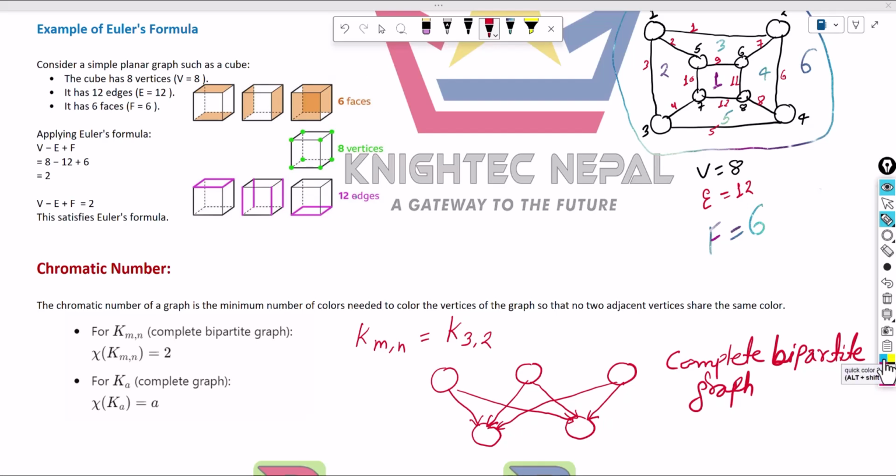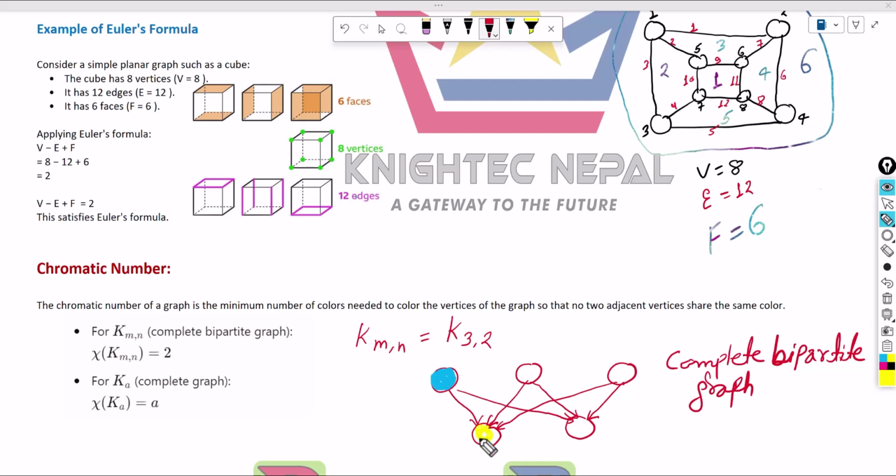Okay, let's take blue. So if I fill this as blue, then I cannot fill this other subset vertex, that is this node, as blue. So this violates the property of the chromatic number in the complete bipartite graph. So let us fill another color, that is yellow.